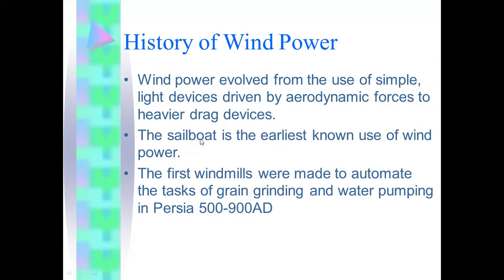Sailboats as well as ships were driven by wind power from ancient times. The first windmills were made to automate the tasks of grain grinding and water pumping in Persia, 500 to 900 AD.